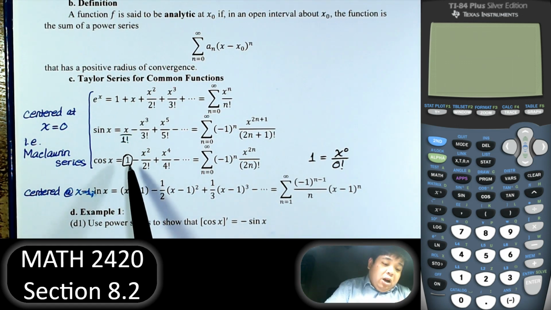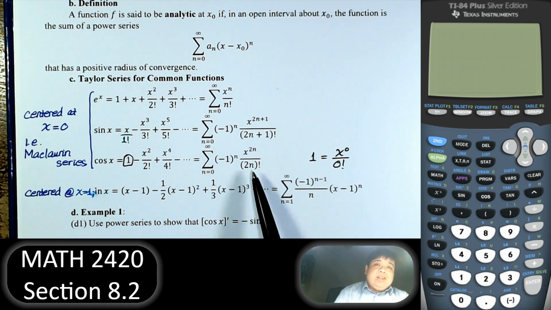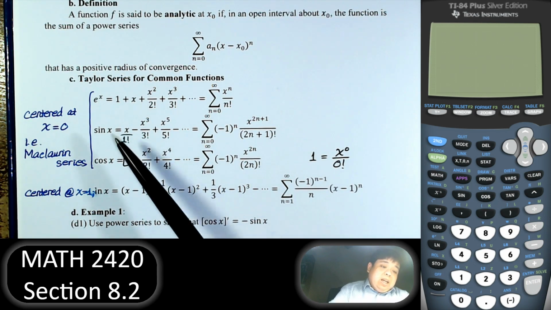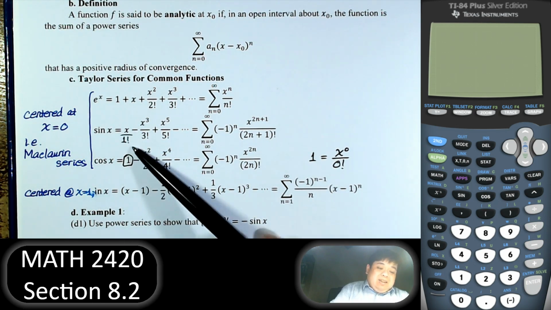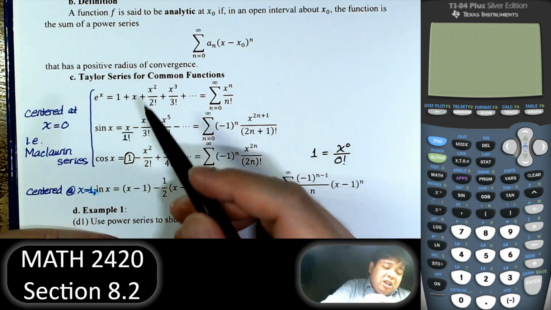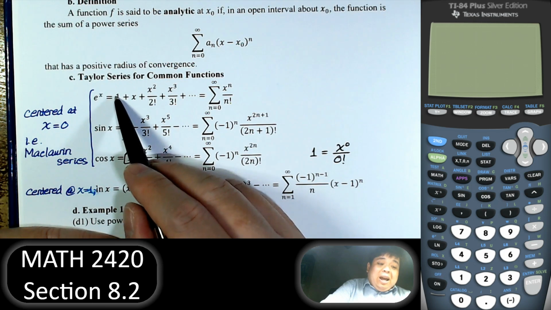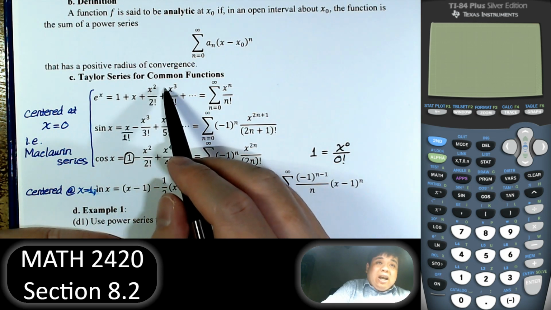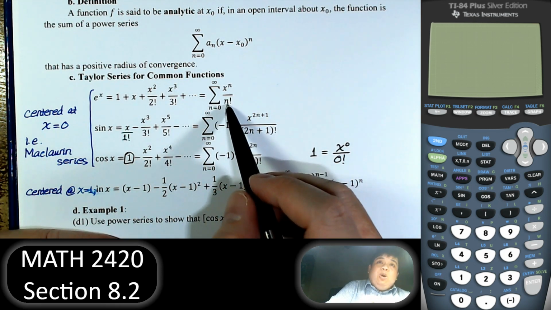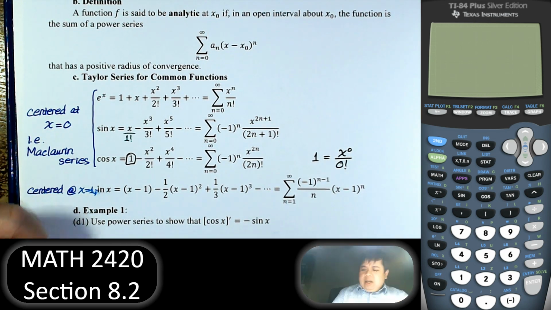It will be the sum of all of the even powers of x over the same factorial, and that will end up with this. Right, so that is sine and cosine. For e to the x, it's like the combination of all of these, but all of them are positive, and we just have 1, x to the first, x squared, x cubed. So we just have x to the n over n factorial.